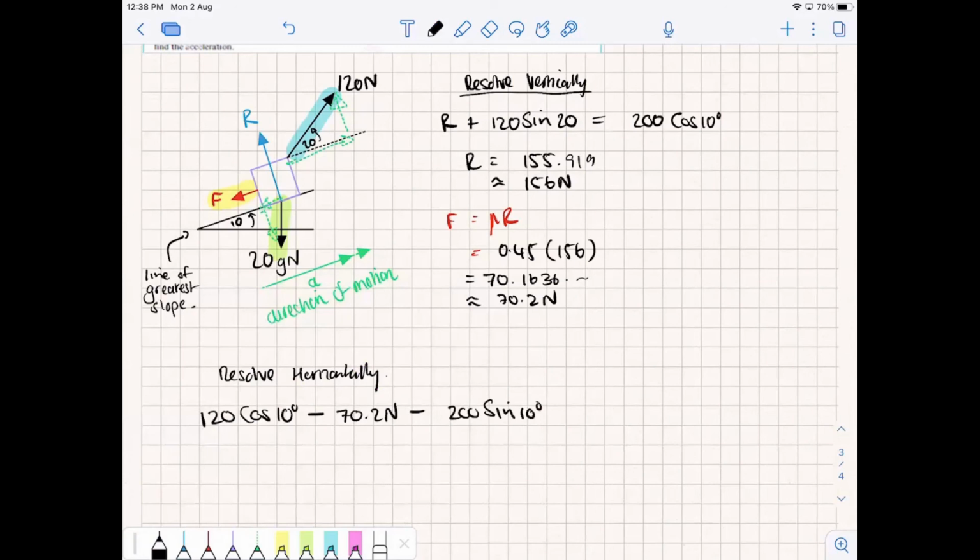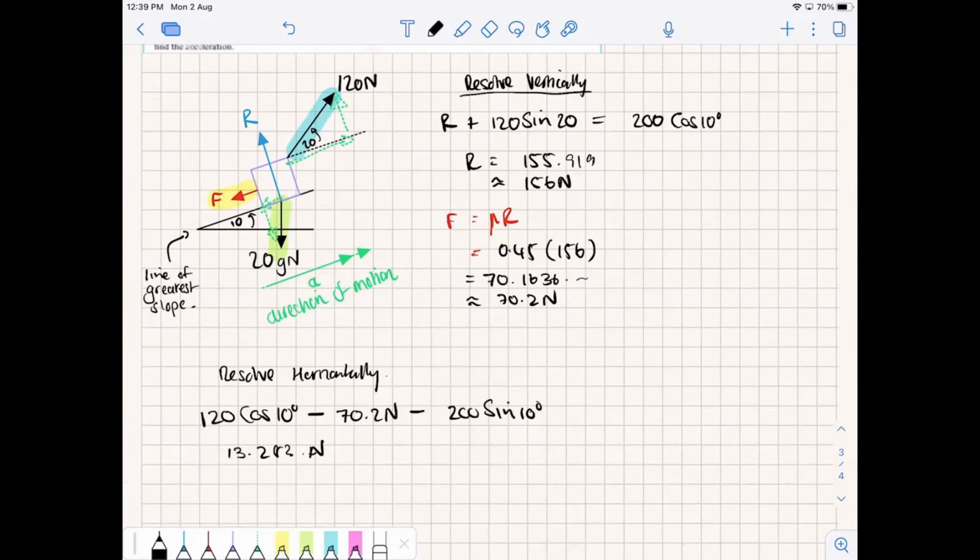So let's see what we get. We go 120 cos 10 degrees minus 200 sine 10 degrees. Right? I still happen to have my friction force in my calculator, so I'm going to subtract the answer, and I get a net force of 13.283, etc. newtons, right?